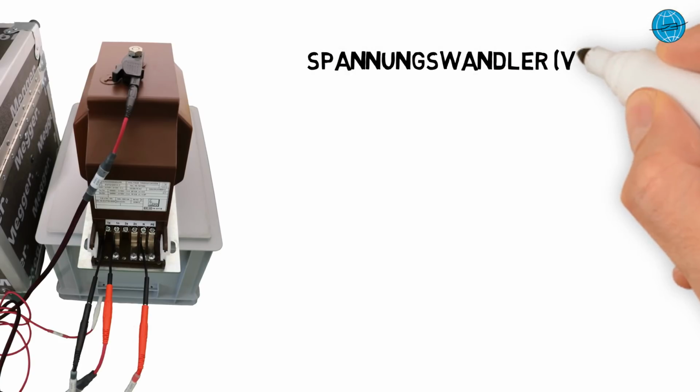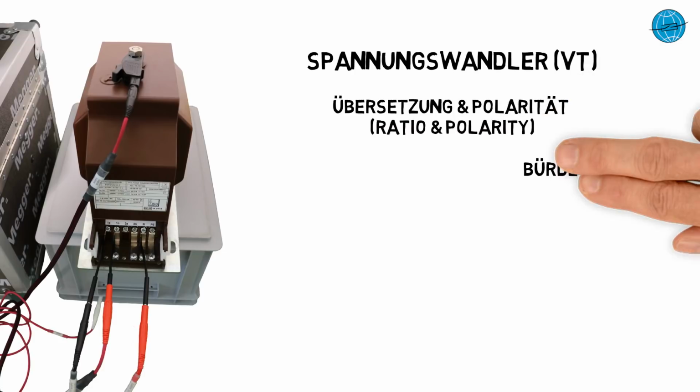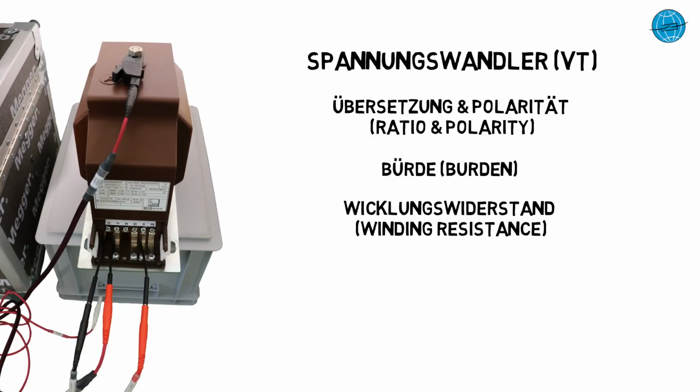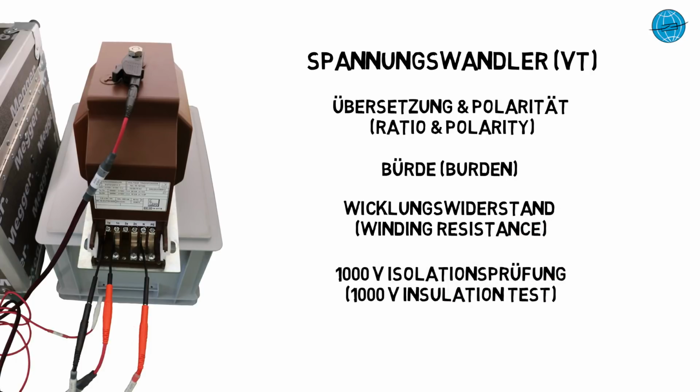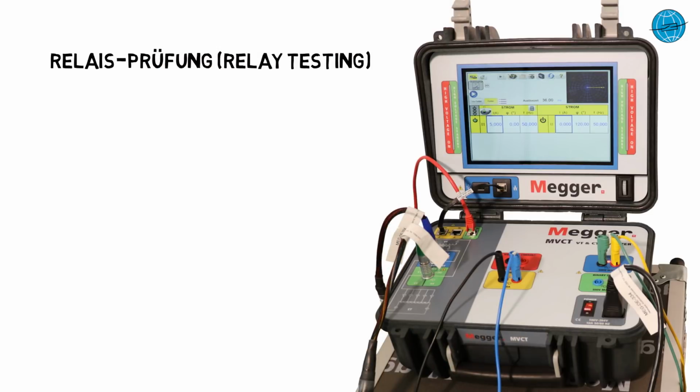In addition, for inductive voltage transformers, the ratio, the polarity, the burden, and the winding resistance can be measured. The MVCT also includes a 1 kV DC isolation test system to verify the insulation in current transformers and their secondary cabling. Another extra feature of the MVCT is the ability to test electromechanical, analog, static, and digital overcurrent relays, including voltage-dependent directional functions.